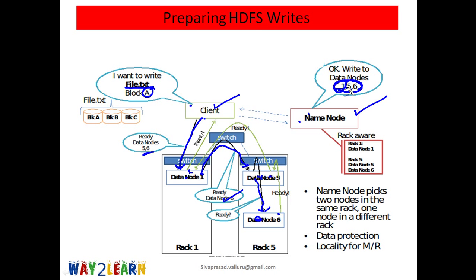We already discussed rack awareness. If NameNode is not rack aware, it might happen that all the data nodes to which we are writing might be present in a single rack. If the whole rack goes down, my data is lost. So to avoid such scenarios, NameNode executes something called a rack awareness script, which will tell the NameNode which data nodes are present in which racks.